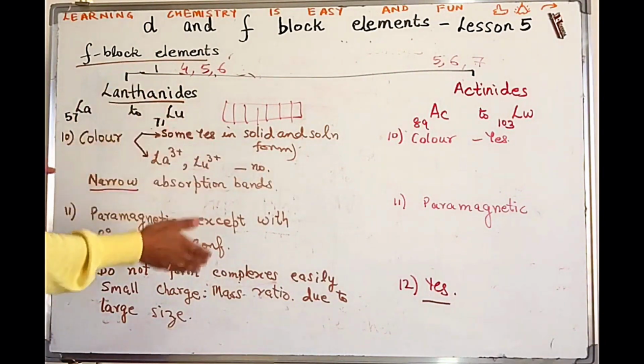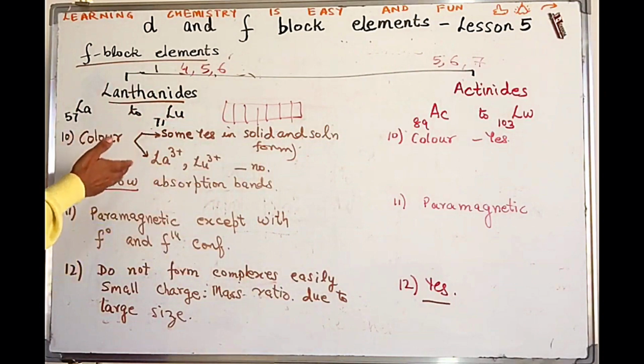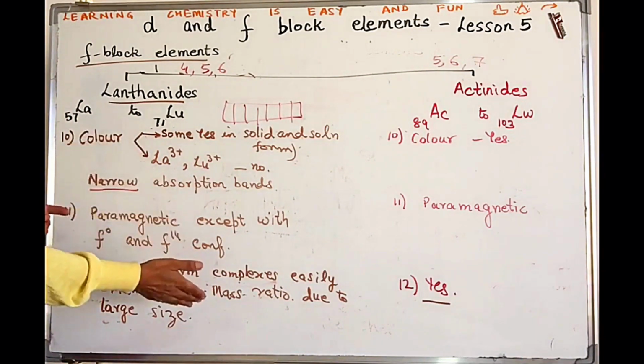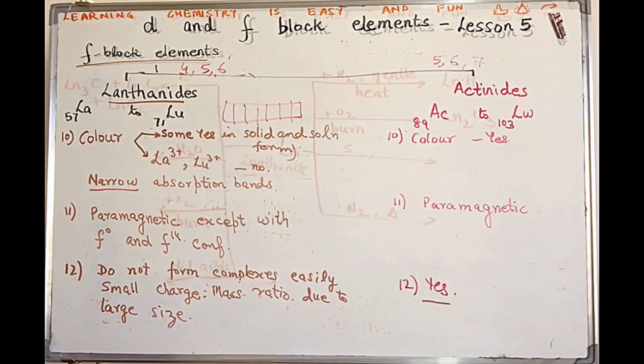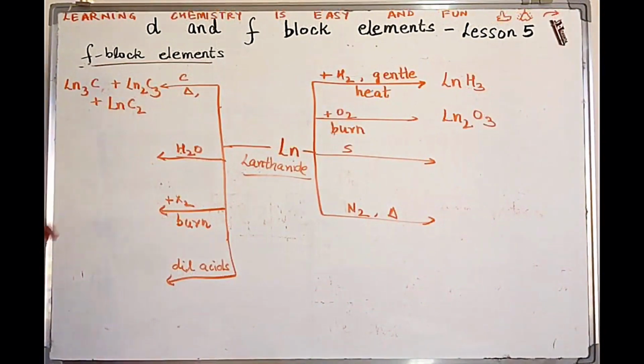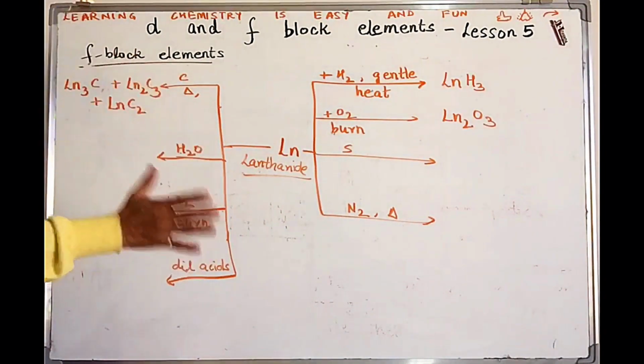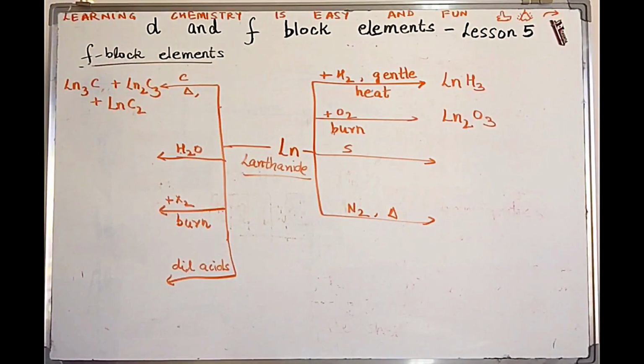I'm going to give you a flow chart for the chemical reactivity of lanthanides to make it easy for you to remember. So please make a note of this and then we go on to the chemical reactions of lanthanides. We are now doing the chemical properties of lanthanides and we are talking about their general properties. We are not taking specific cases here.